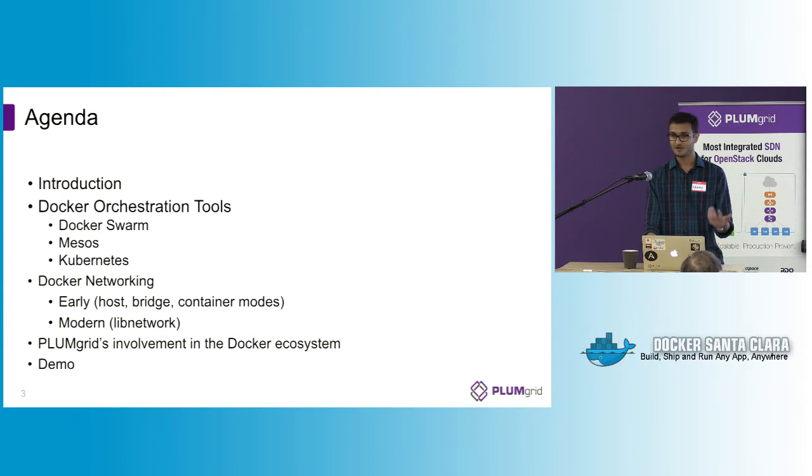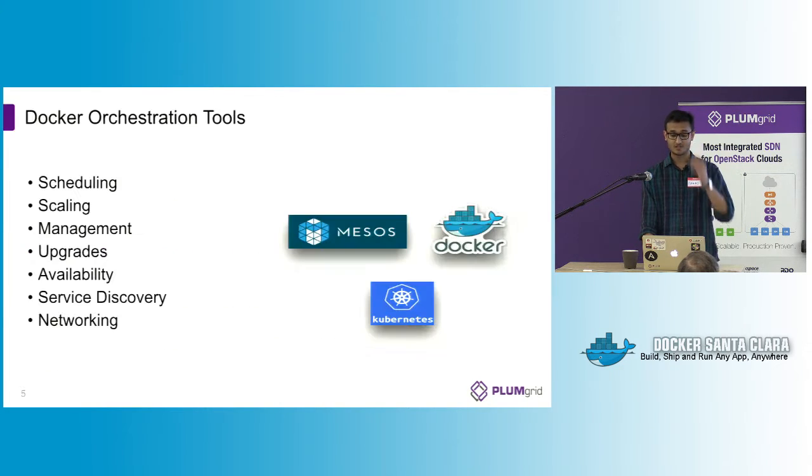Then we go over how Docker networking has evolved over time: the early networking modes available, how it was done, how the evolution has taken place, and what we have today. And then we'll talk about PLUMgrid's involvement, and we'll go over a brief demo of Docker Swarm using the current networking options. So let's talk a bit about Docker orchestration tools.